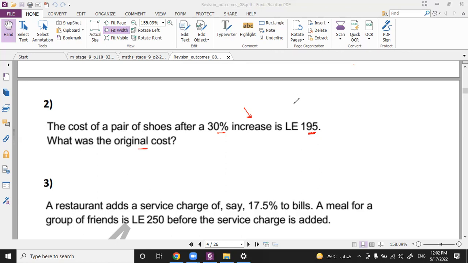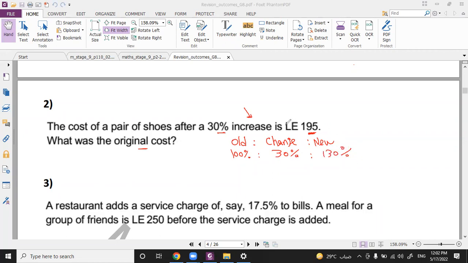Okay. So we will write old, change, and new. I recommend this way. The old always is 100. What is the change? It's 30%. What is the new? It's 130. Great.